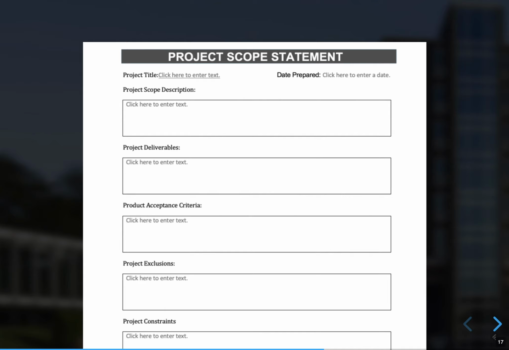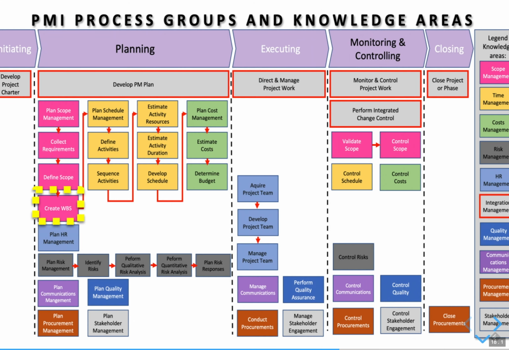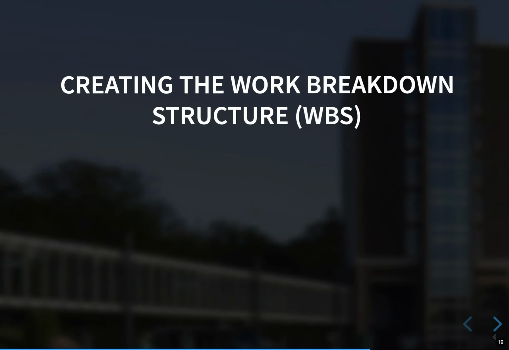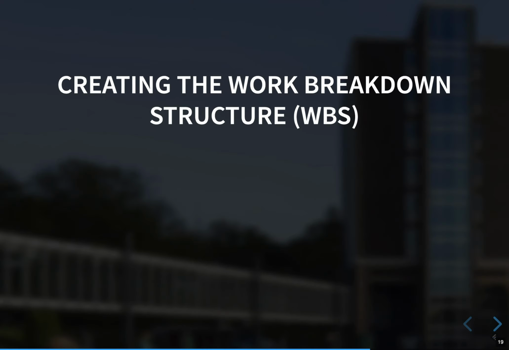If you have this project scope statement, then creating the work breakdown structure is the next point. So you know now what the scope is, what is in and what is out, and you have some work packages.